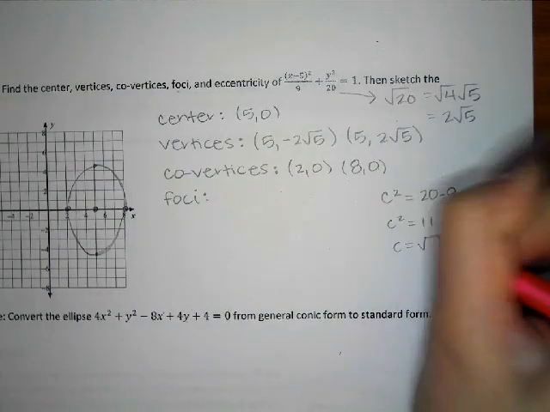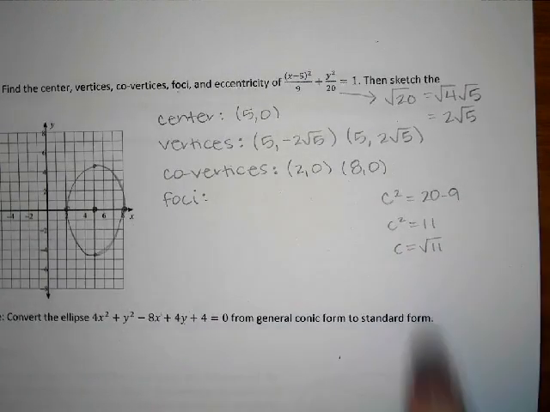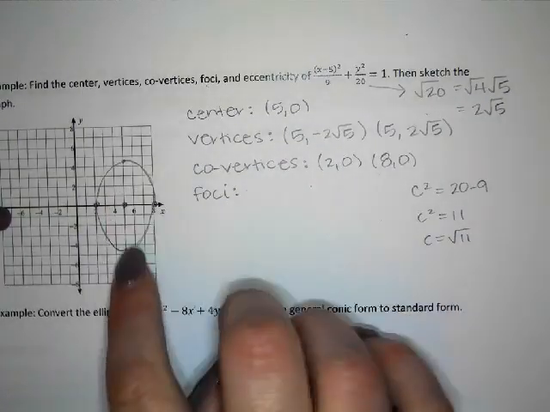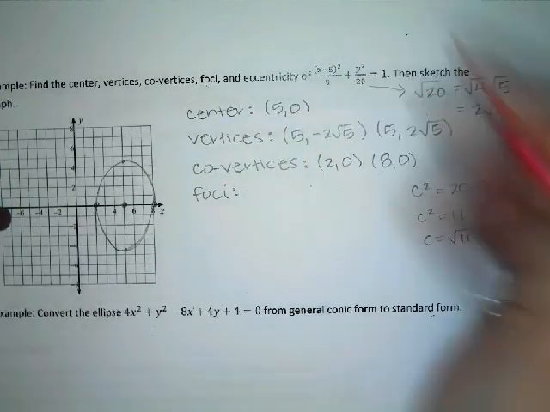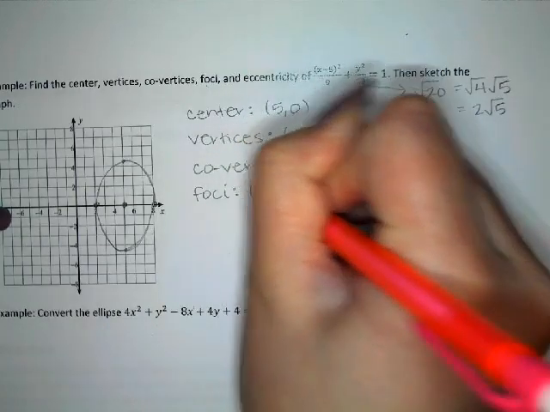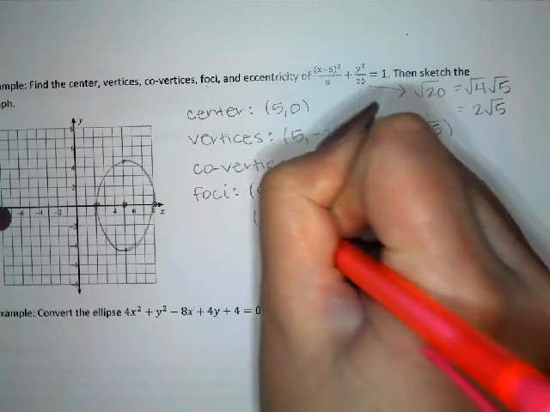And so 20 minus 9 is 11, and so the c value is the square root of 11. The foci are always in line with the vertices, and so that means they go up and down. So from 0, we're going to go up and down root 11. So 5, negative root 11, and 5, positive root 11.